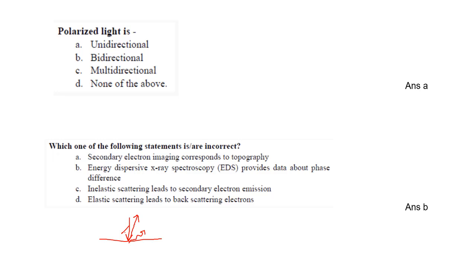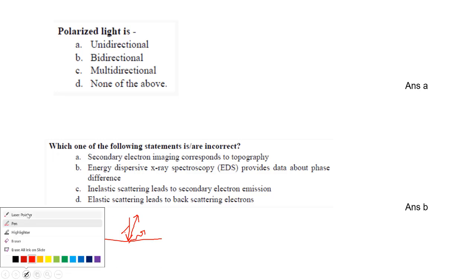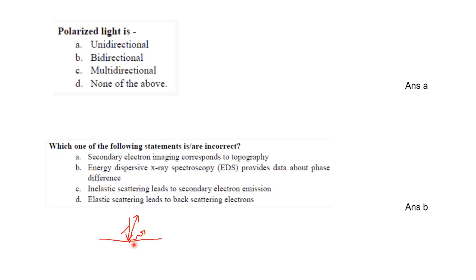Here elastic scattering means there is no loss in energy, so that is the backscattered electron. And if there is a loss in energy, that is called inelastic scattering, which leads to the secondary emission, as I already told you. So this one is the secondary electron, because of the inelastic scattering, and this is the backscattered one, where the angle between the incident and the backscattered beam is small, and it is elastic scattering.